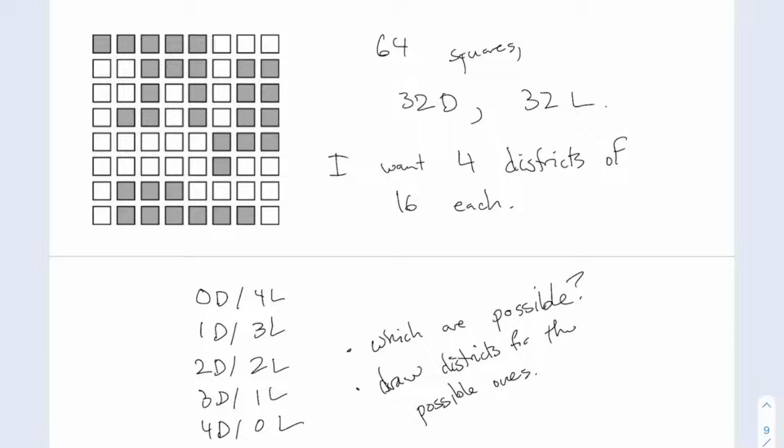All right, I'll give you some time to think about it. Talk to your friends if you like. When you're deciding which are possible, you should decide, first of all, how many do you need to win each district? And then, do you actually have enough to make it?